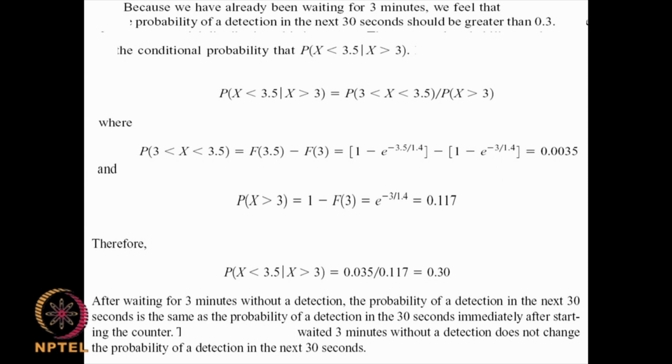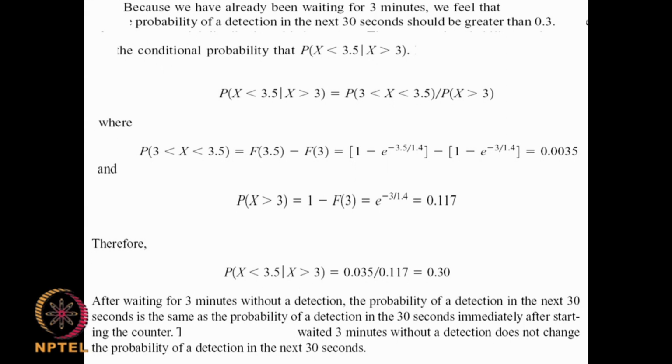Then we start the Geiger counter, but wait for 3 minutes without detecting a particle, and ask what is the probability that we will detect a particle between 3 minutes and 3 minutes 30 seconds. You will get the same probability, and there will not be any difference at all because of the characteristic of this exponential distribution.